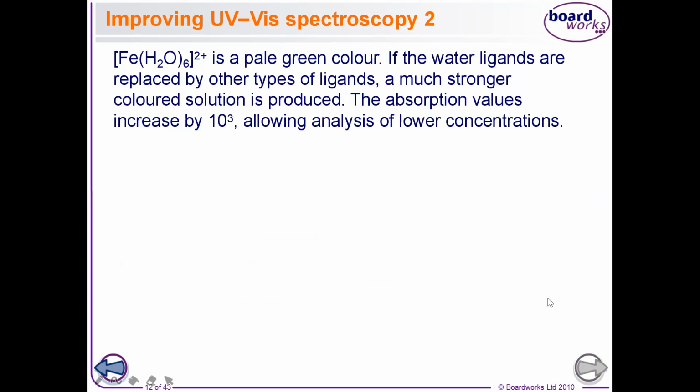Now, another way is, for example, we have iron 2+ in aqueous solution. Now it has a pale green color. Now, if the water ligands are replaced by other types of ligands, a much stronger colored solution is produced. And then the absorption values increase by 10 to the third power, allowing analysis of lower concentrations to pursue.